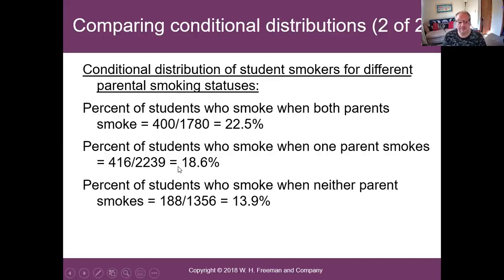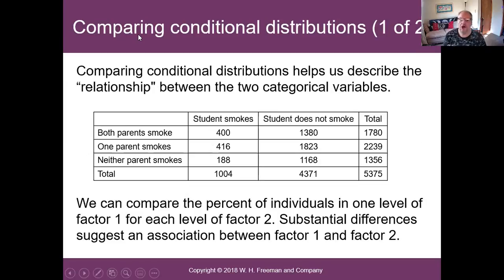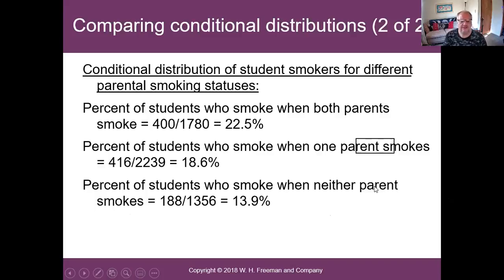How about the second one, the percent of students who smoke when one parent smokes? When one parent smokes means that I'm talking about all of these people here. I can't remember what the last one was. It was percent of students who smoke when one parent smokes.